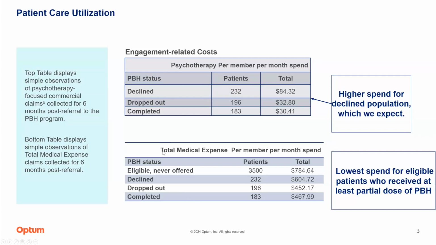And what we see here is when we look at their total medical expense, those members who engaged in precision behavioral health have lower total medical expense for the 6 months that they're engaged with the program, versus those who declined or those who were eligible but were never offered the program. Now, again, this is all observational, and it's difficult to draw any conclusions from this.